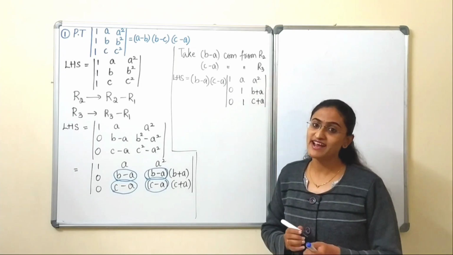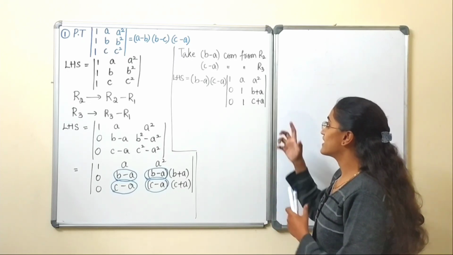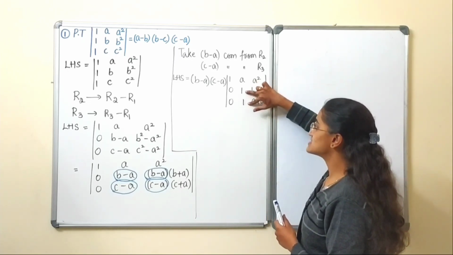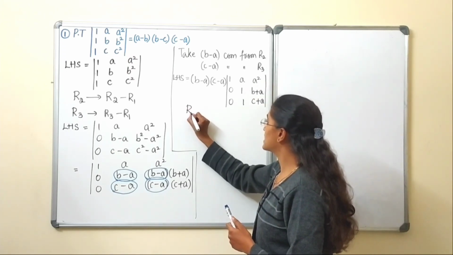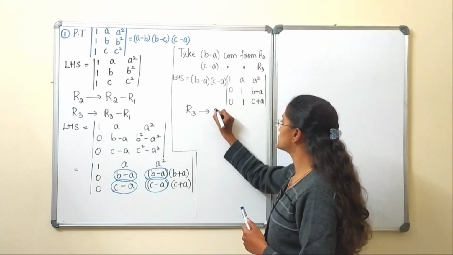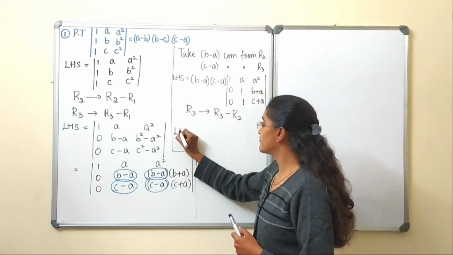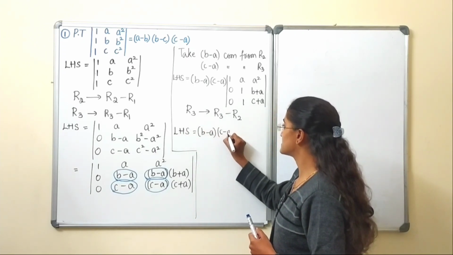We have now made the determinant very simple, and even now you can simplify again. Since you are having ones here, you can again subtract these two elements. That is, I can apply the operation R3 changing to R3 minus R2, and hence again we get the changed determinant.